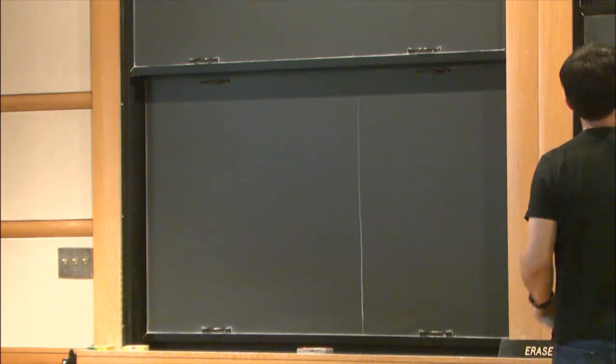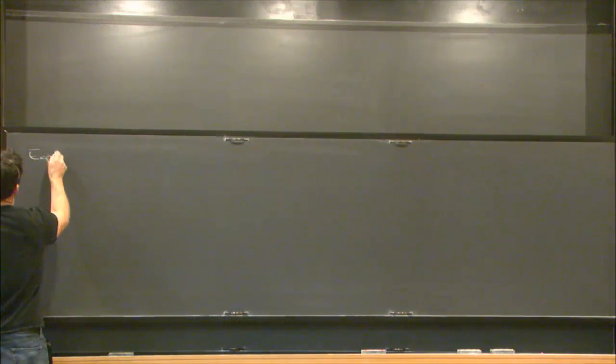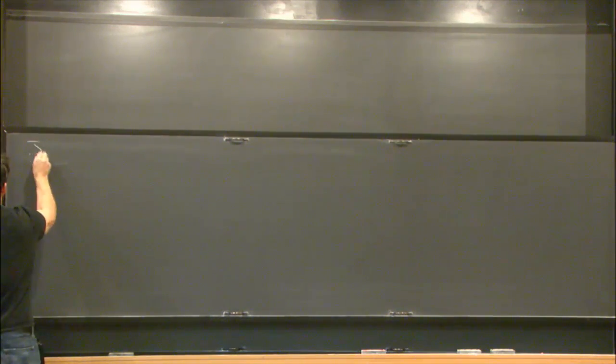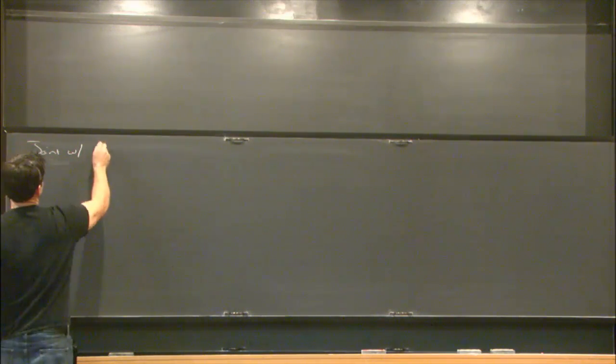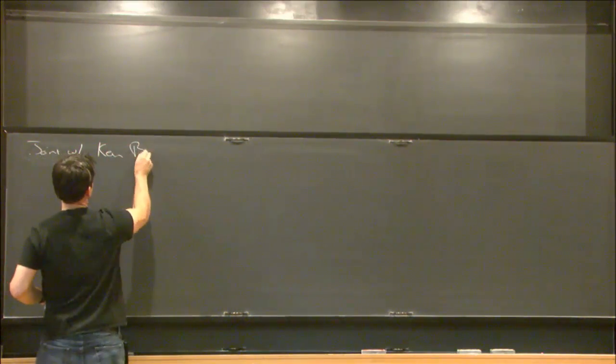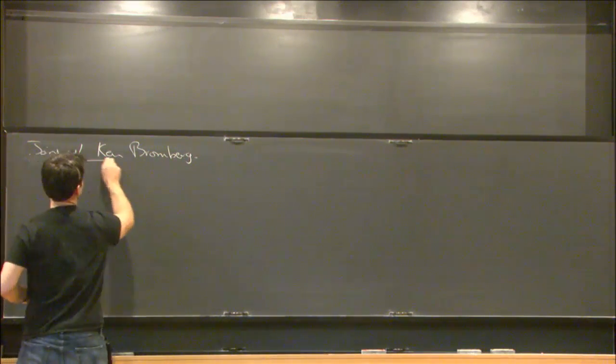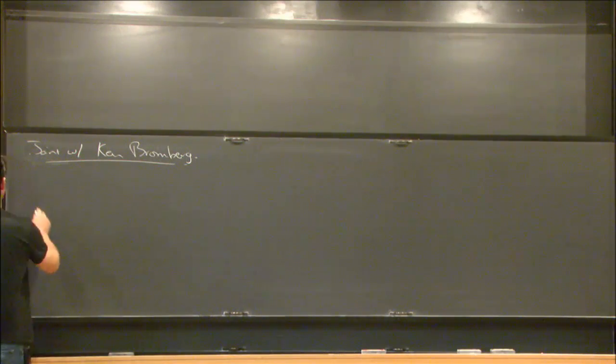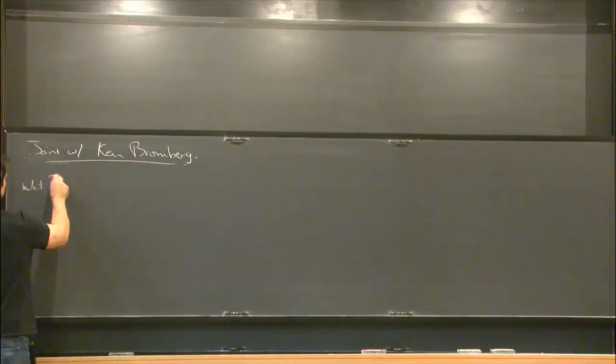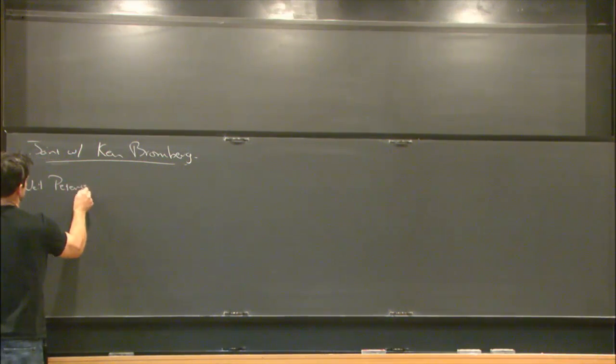So really, I'd like to continue to explore, well, let me say first, this is joint with Ken Bromberg, and it's an ongoing project to understand things about volumes of hyperbolic three-manifolds in Weil-Petersson geometry on Teichmuller space and moduli space.